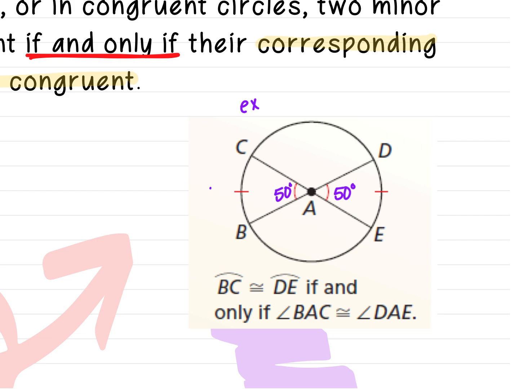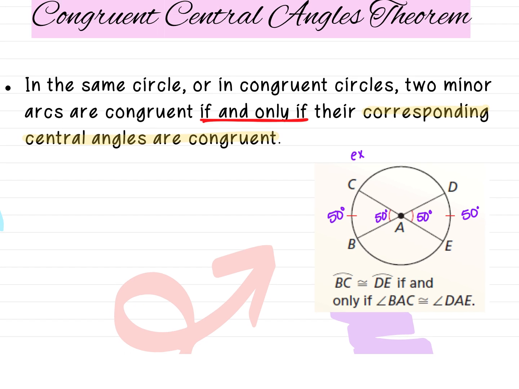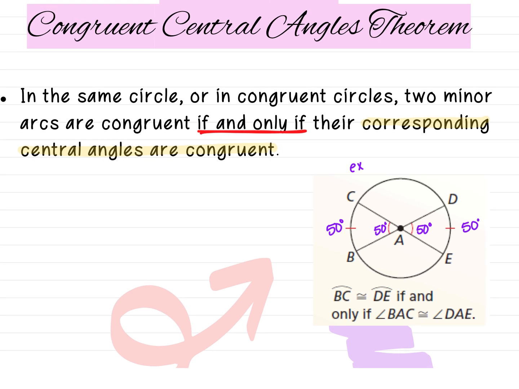So that means my arcs are also going to be 50 degrees. So I know that they're congruent. Again, if and only if the corresponding central angles are congruent, then I know my arcs are congruent. Okay? So they do look like vertical angles. Vertical angles are congruent, but looking at this, your two minor arcs are congruent if your central angles are congruent.